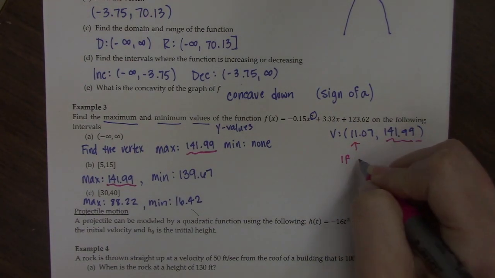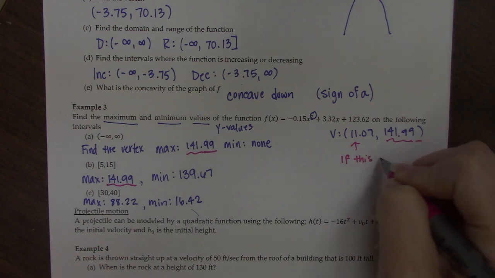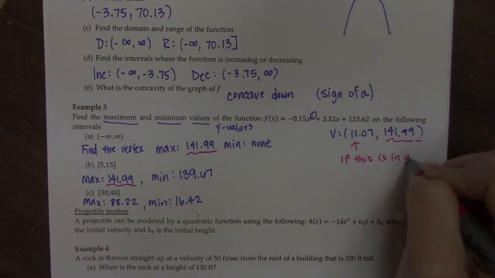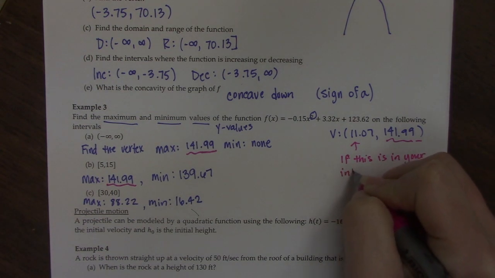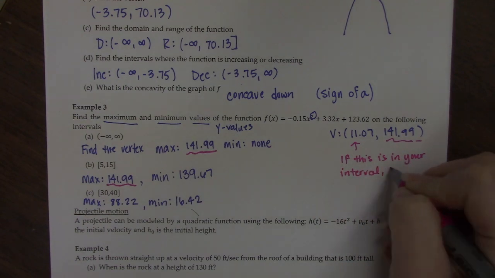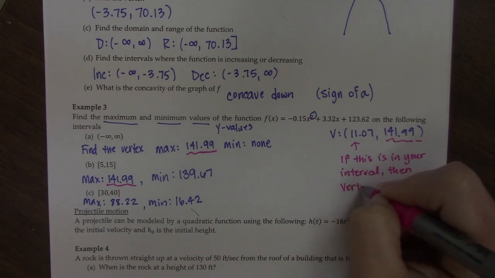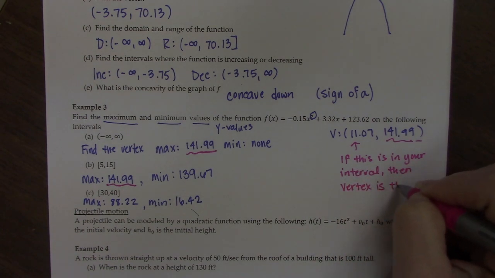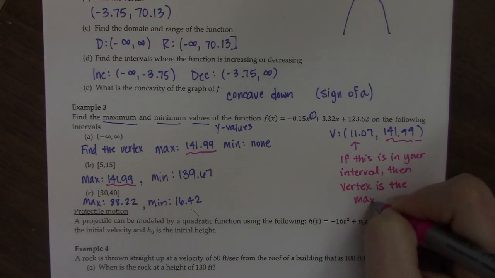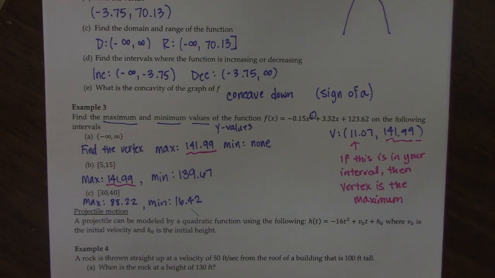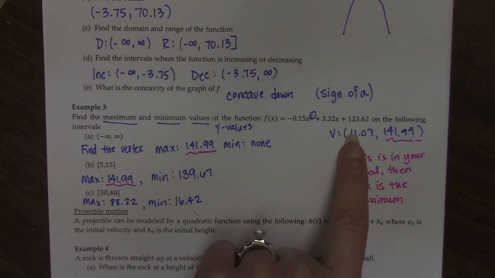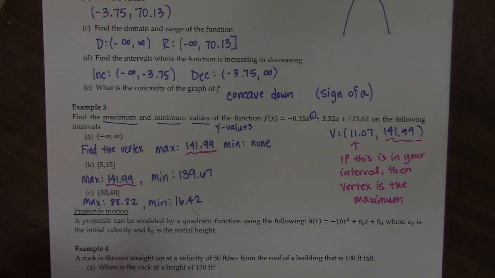So if this is in your interval, then the vertex is the maximum. Similarly, if we had a parabola that opened up, the vertex would be the minimum, and if this value was in any of the intervals they asked you to check, then the vertex would be your minimum.